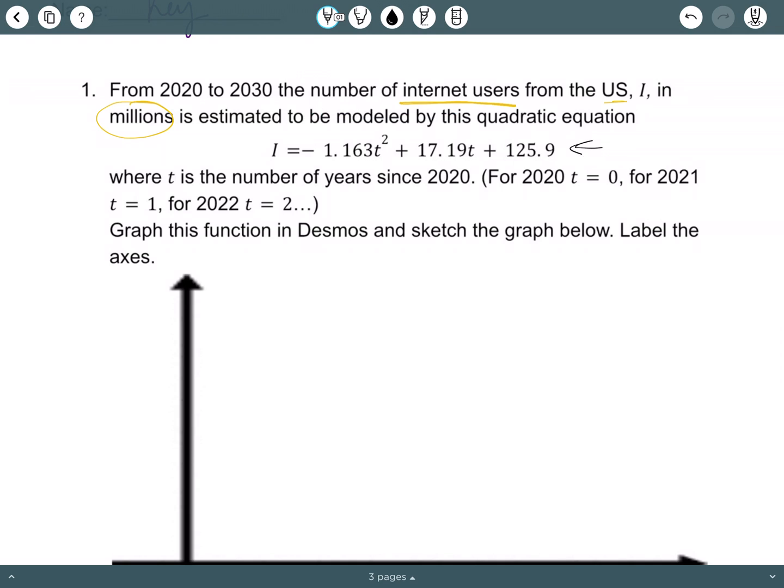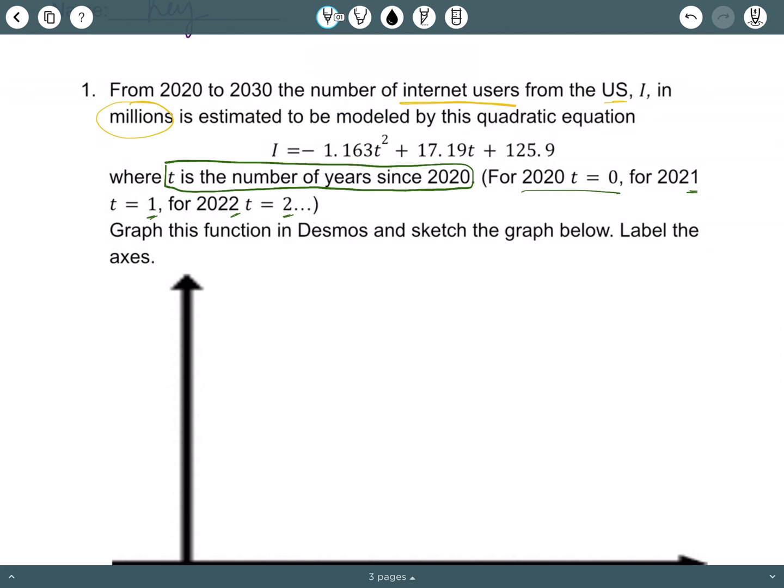I is equal to negative 1.163 t squared plus 17.19 t, plus 125.9, where t is the number of years since 2020. So for 2020, t has to equal 0 because that's at the very beginning. 2021 would be t equals 1, 2022 would be t equals 2, etc., etc.